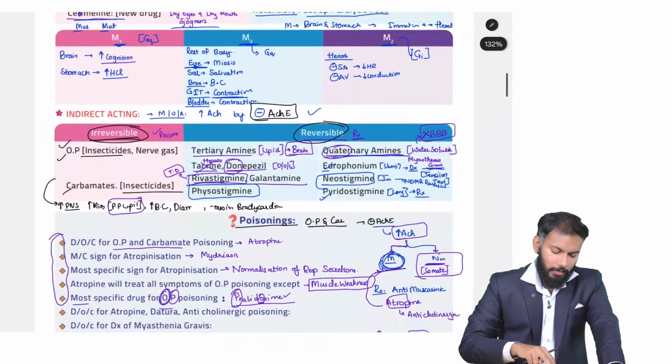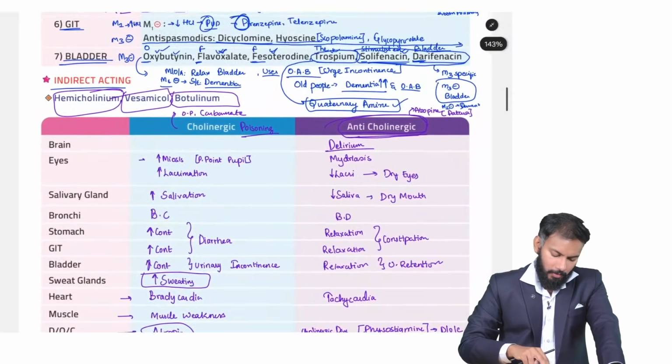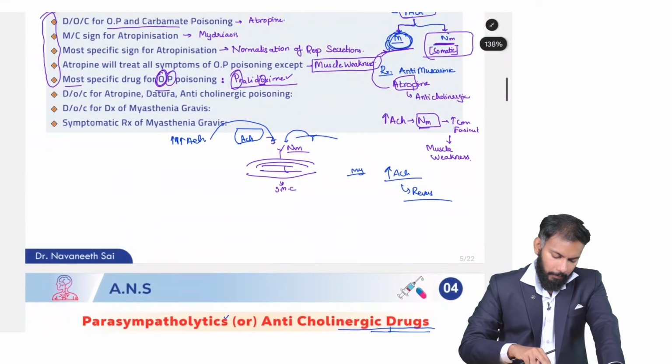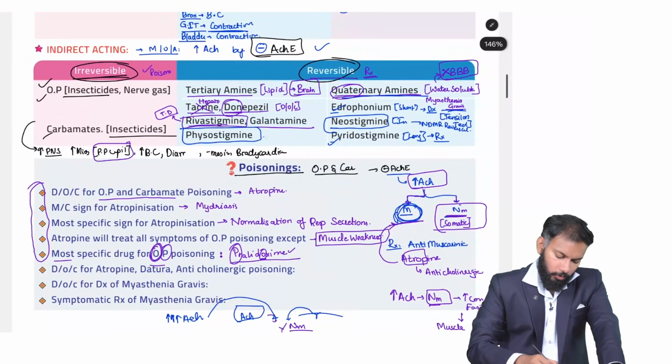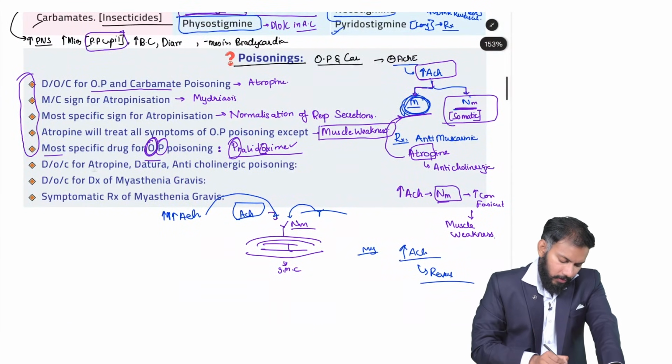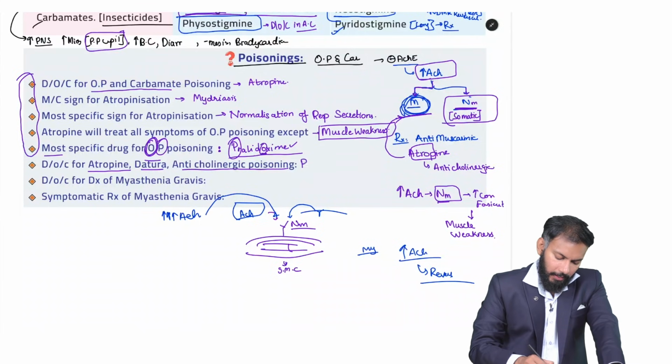I promised you that I'll talk about physostigmine. Now I did. We'll go to that page and fill it up. Physostigmine is the drug of choice in anti-cholinergic poisoning. So now we will write. What is the drug of choice for atropine, datura and anti-cholinergic poisoning? It is physostigmine. What is the drug of choice for diagnosis of myasthenia gravis, short acting? Edrophonium. Now for symptomatic treatment, what can we give?